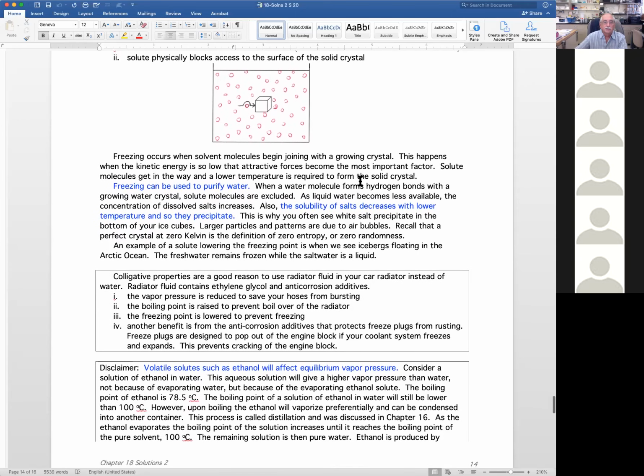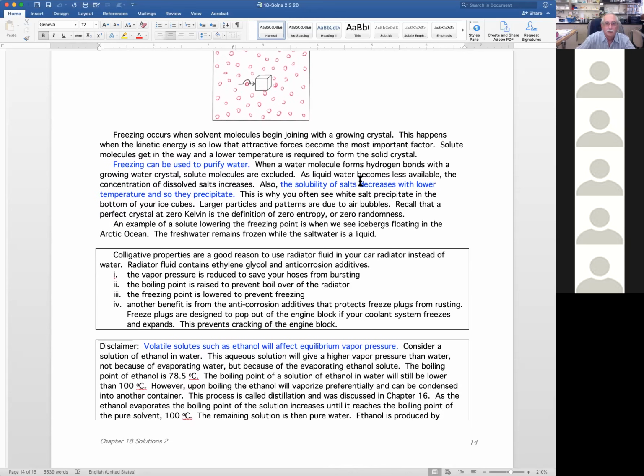So freezing can actually be used to purify water. You ever pull out your ice cubes and look at the bottom and you see all that kind of white stuff at the bottom of the ice cube? And then if you let the ice cube just melt, you see all this white stuff kind of sitting there on the bottom.